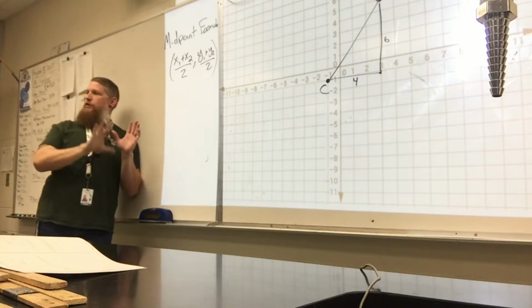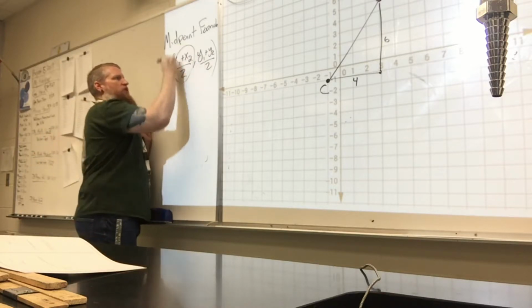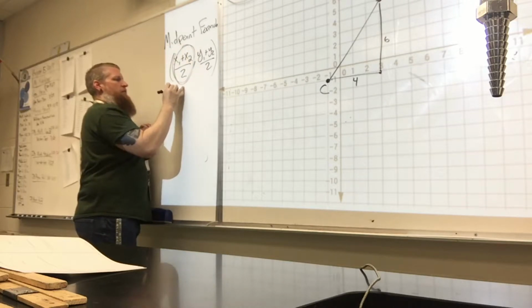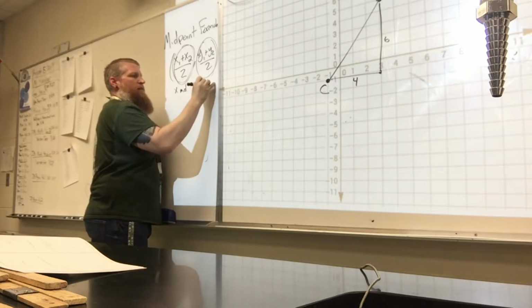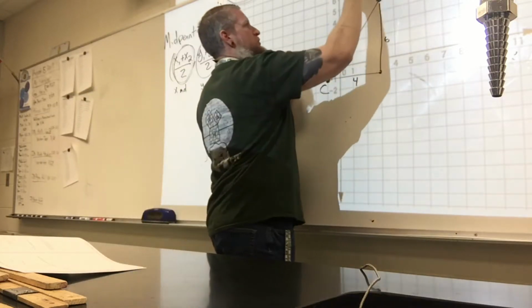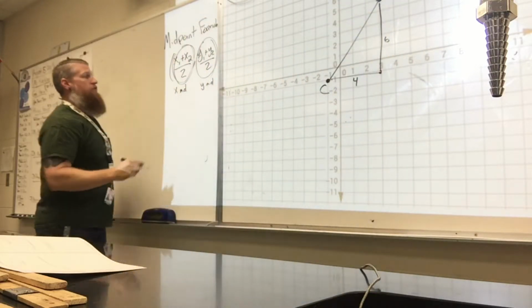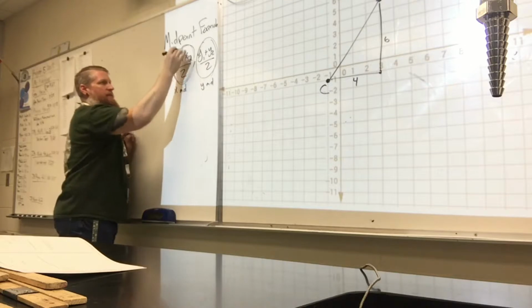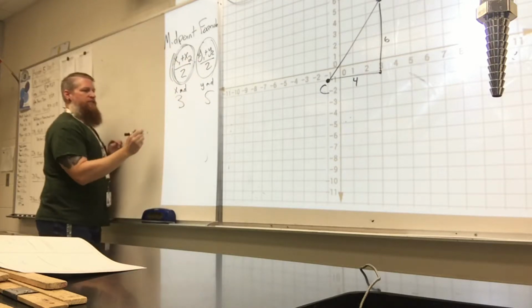The other way, if you're going to use the formula, keep it in mind that this chunk right here gives you the X for the midpoint. This chunk right here gives you the Y for the midpoint, meaning that this point M was 3, 5, correct? Yeah. All right, so 3, 5. You essentially set up equations.